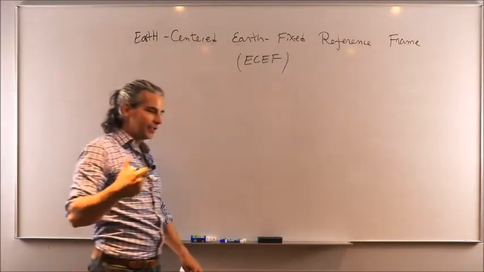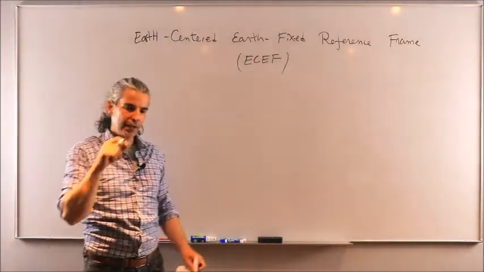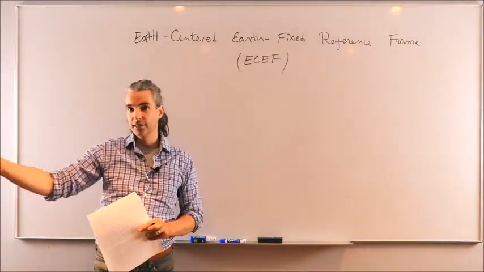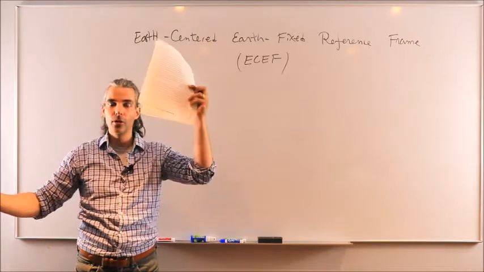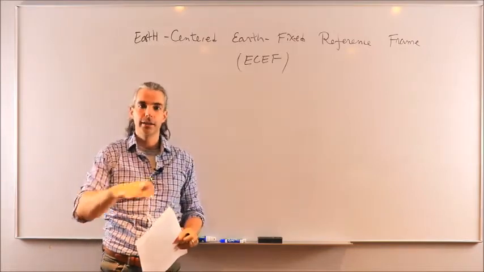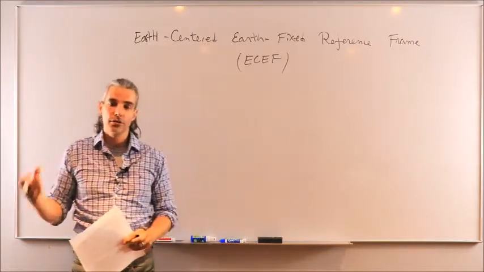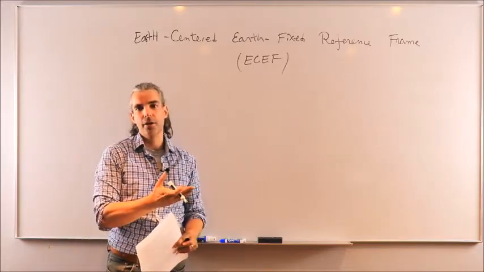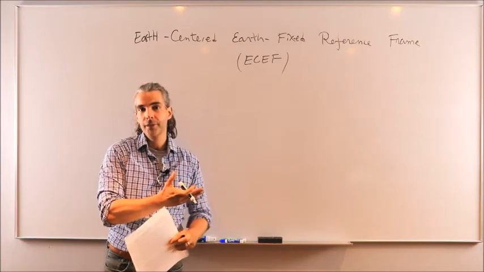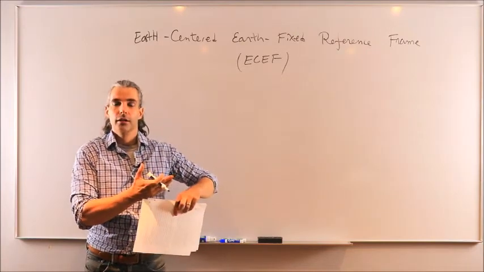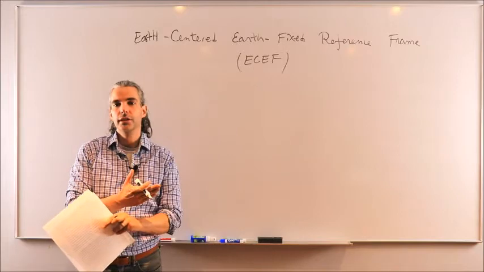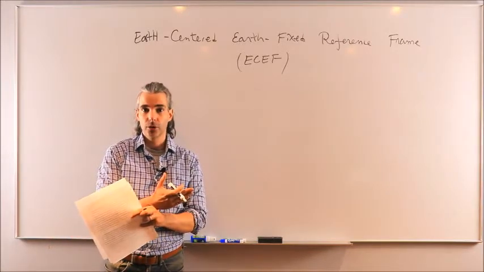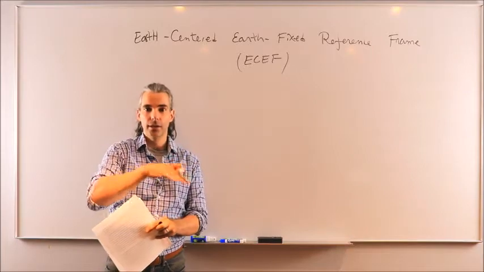Okay, so now we've seen the ECI reference frame that was centered at the Earth with its X unit vector pointing at Eris as a distant star, Z through the North Pole, and Y completing the triad in the equatorial plane. We've also seen the perifocal reference frame. It has its X unit vector in the direction of the eccentricity vector, its Z vector along the orbit specific angular momentum vector, so perpendicular to the orbital plane, and PY completing the triad.